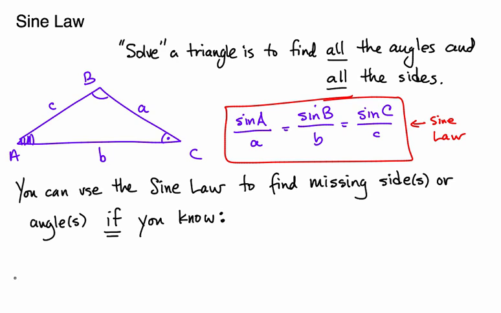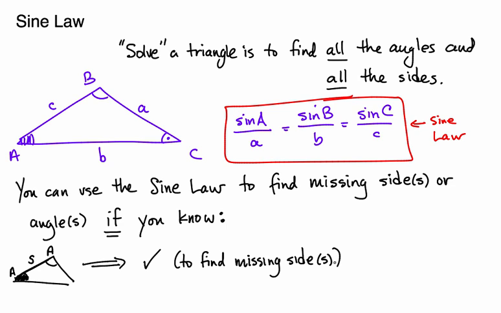So if you have a triangle in which you know an angle, then you know a side, and then another angle, so in a row, an angle, a side, and an angle, then you can use the Sine Law, and you can find other pieces of information. In fact, you can use this one to find missing sides.